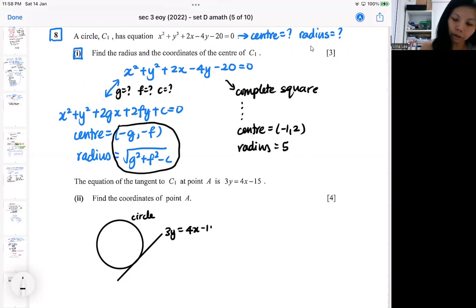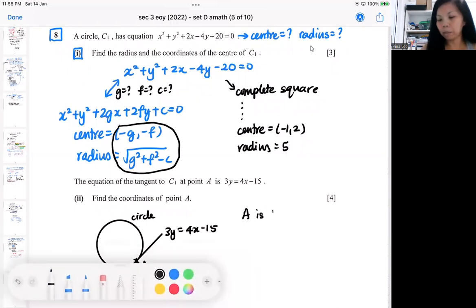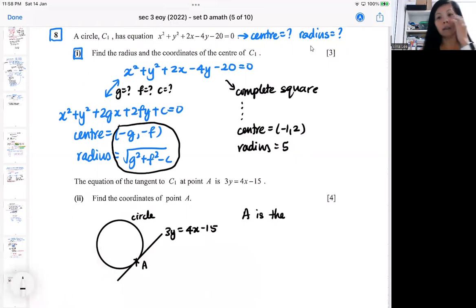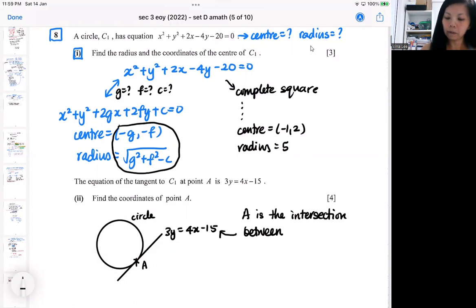So your job is to find the contact point, which is A. So in a way, A is the intersection point between the straight line and the circle.